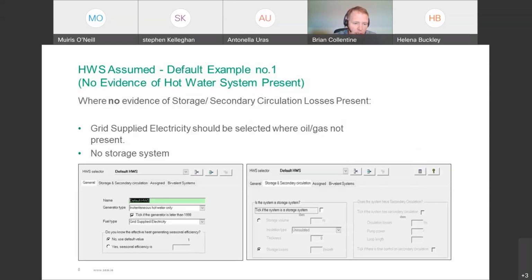Grid supplied electricity, in this instance we've used our default of 1 for electricity. And the important part on the right-hand side, tick if there's a storage system, we leave that blank, and the same for the secondary circulation. So we don't tick that, so it's assuming no storage system and no secondary circulation. Fairly straightforward.